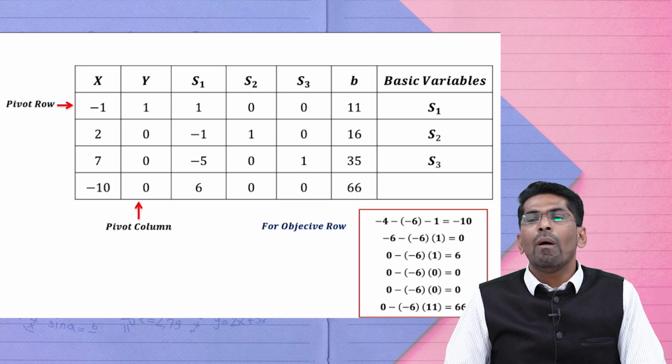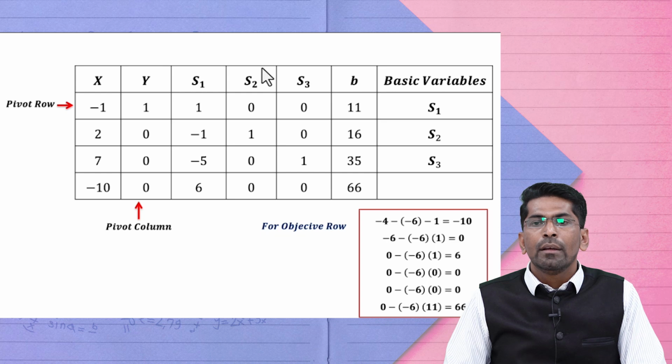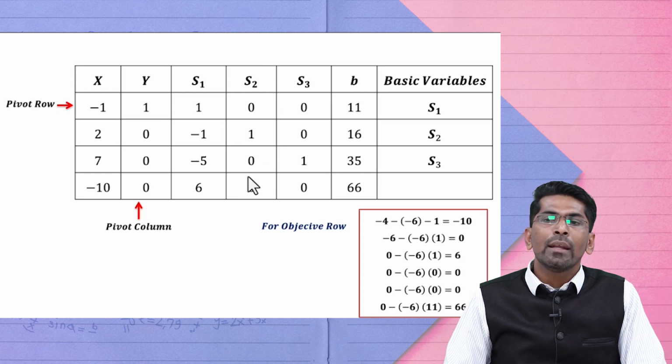Once all the elements of the new table are calculated, we replace the departing variable. What is the departing variable here? The departing variable is the pivot row variable, that is the one we are going to depart, and the entering variable is the pivot column variable.